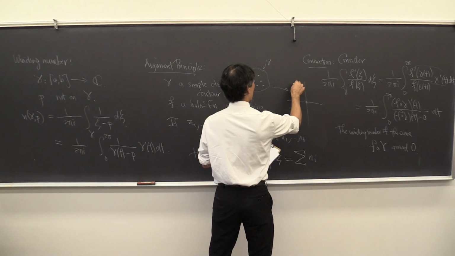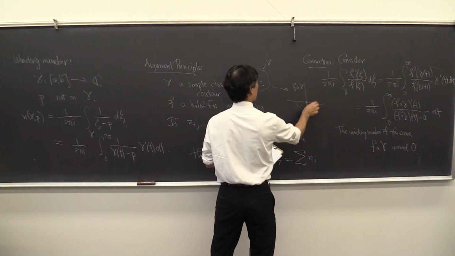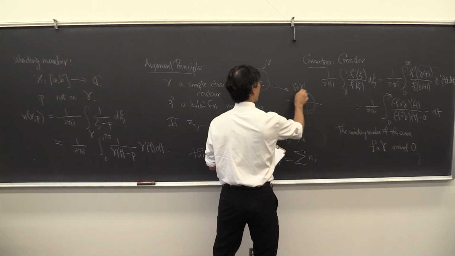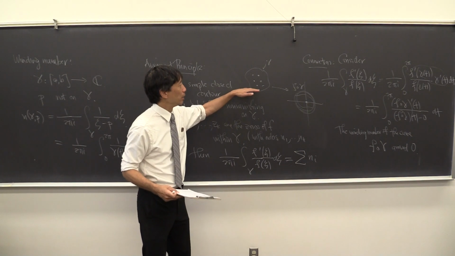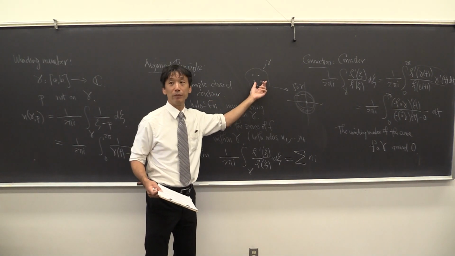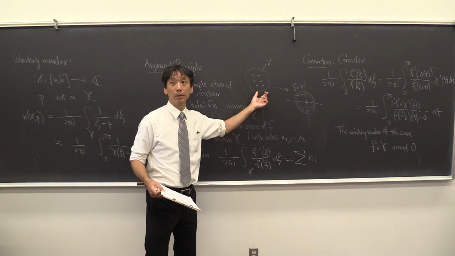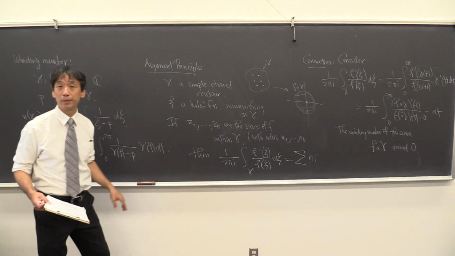What it says is that the image of f composed with gamma is going to wind around the origin a number of times equal to the sum of the multiplicities of the zeros inside. Okay, so that's what the argument principle is saying geometrically.